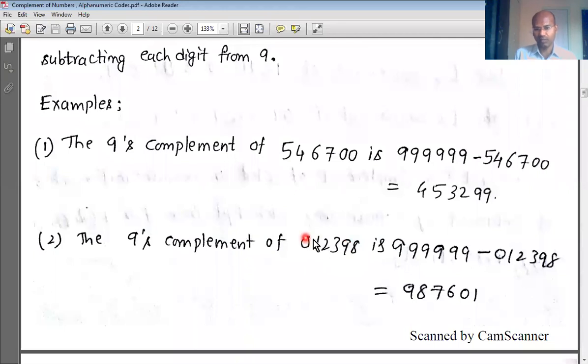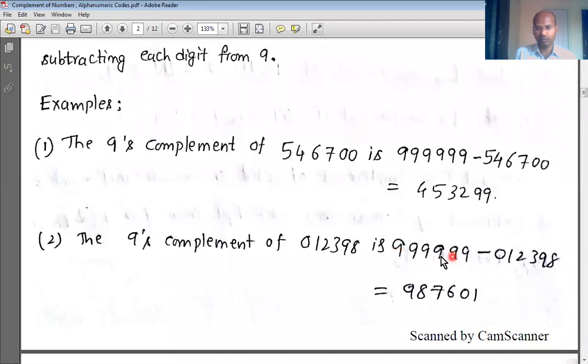You have to include the 0 also. Totally there are 6 digits, so you form a number with 6 digits, all of them 9.